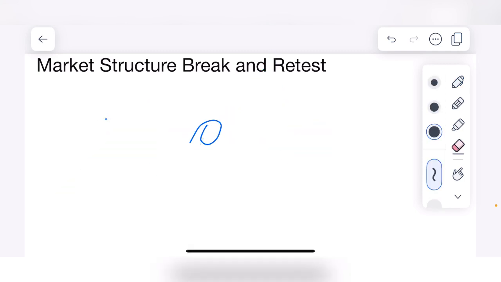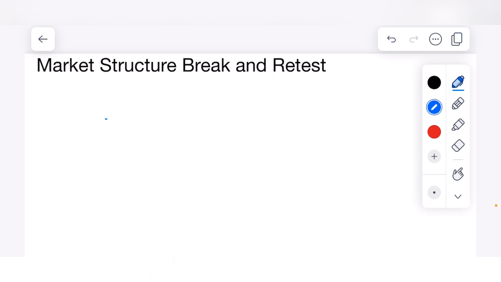Let's go to a downtrend, or a bearish market. It's just the opposite, right? In a bearish market, or a downtrend, I'll wait for the market to break the lowest point. So this was the lowest point. We are in a downtrend, right?